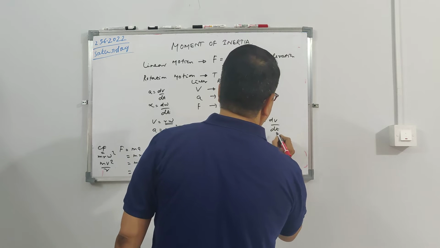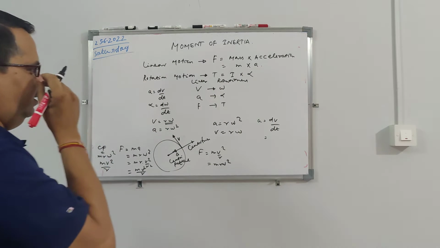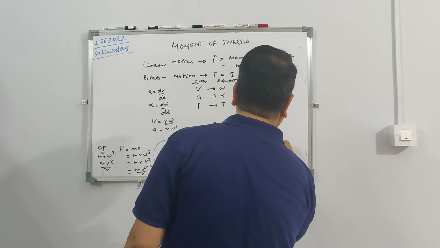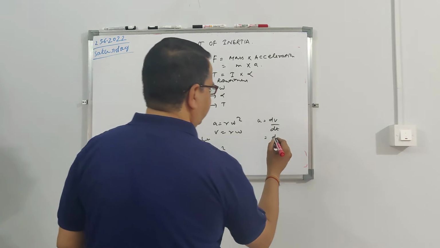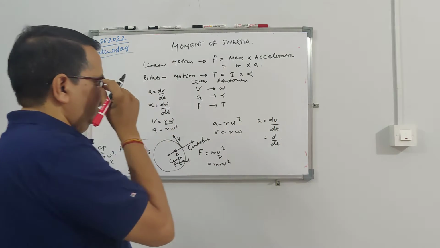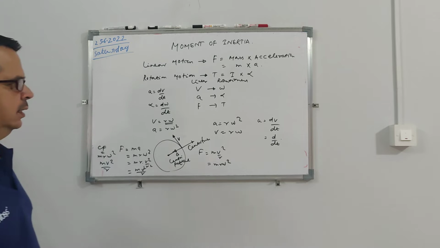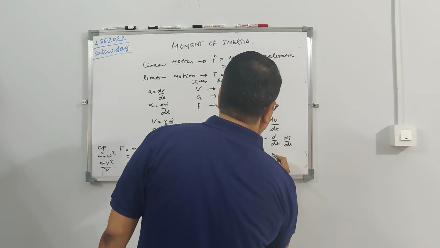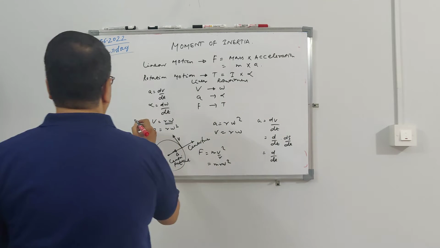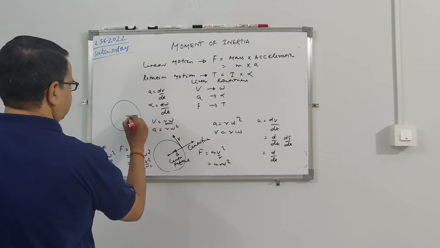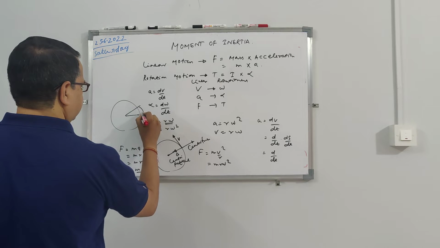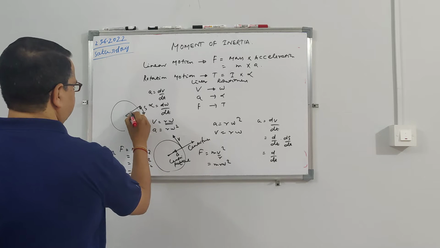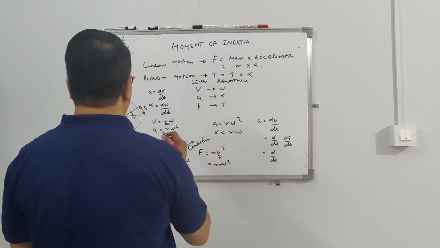So you can take it as dv by dt, and v is again ds by dt. Then in a circular motion, s is the arc, this is your radius, so s is equal to r theta.